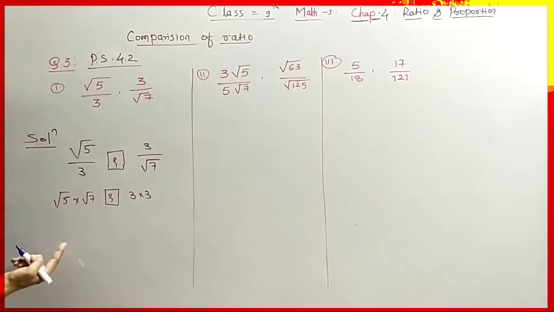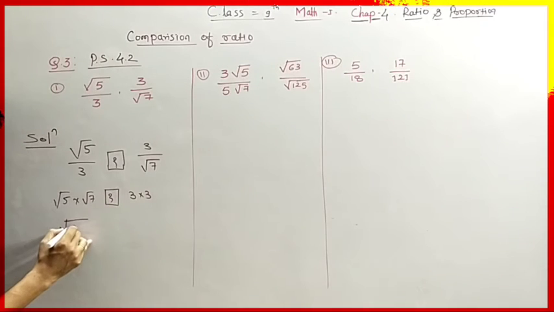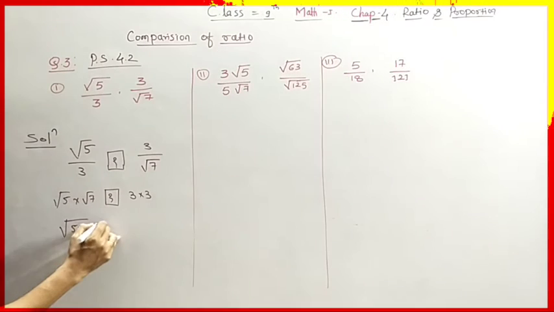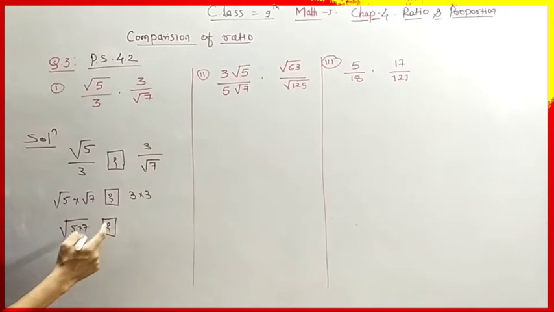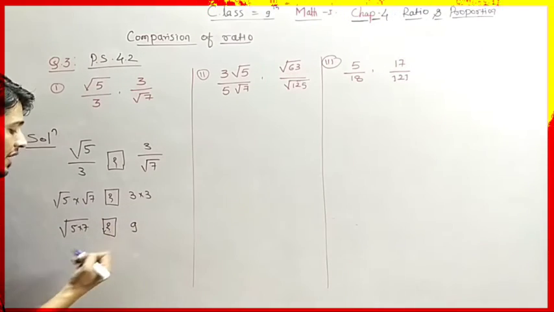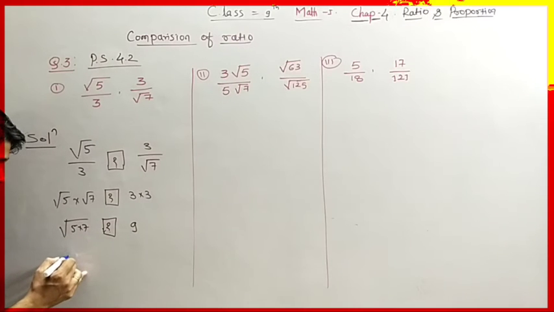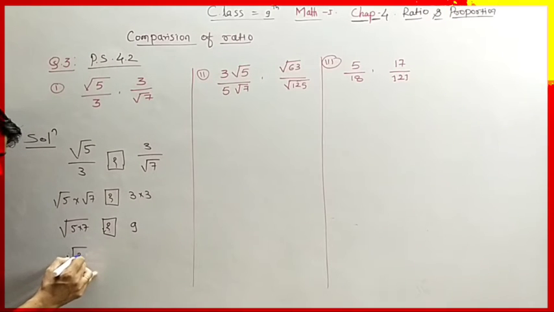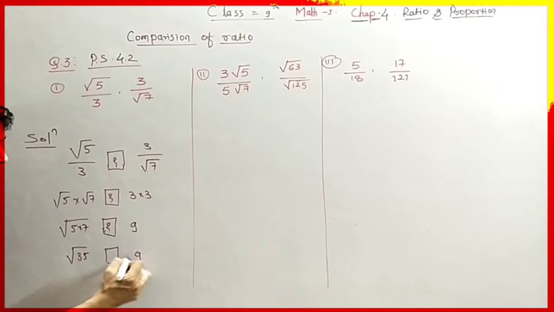See, both the roots have the same order, which means we can multiply them easily. So it is 5 into 7. Again in the box we write a question mark, and 3 3s are 9. So 5 7s are 35, so root 35, and here it is 9.